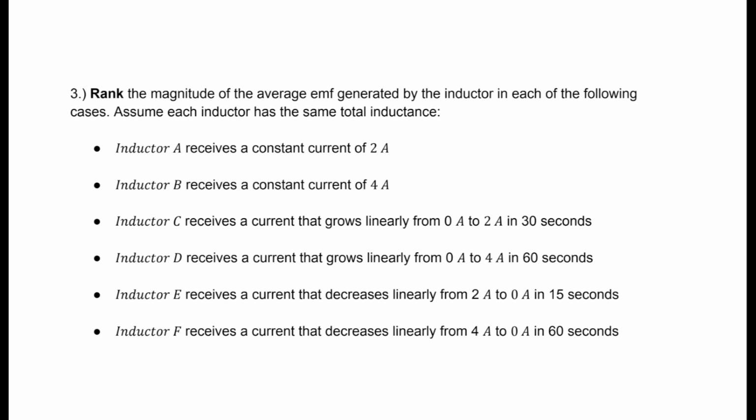So first, constant current of 2 amps. Well, we'd get no EMF because the current is changing at 0 amps per second. Constant current of 4 amps, doesn't matter if it's greater current, still no EMF induced because there is no change in current.